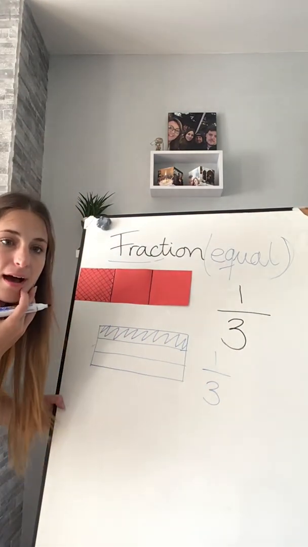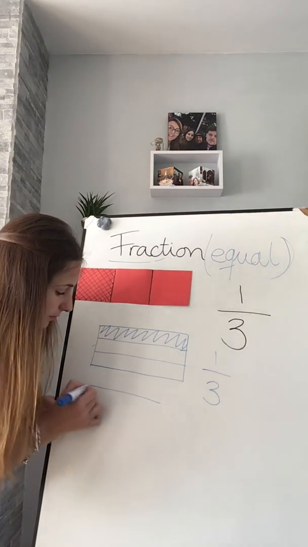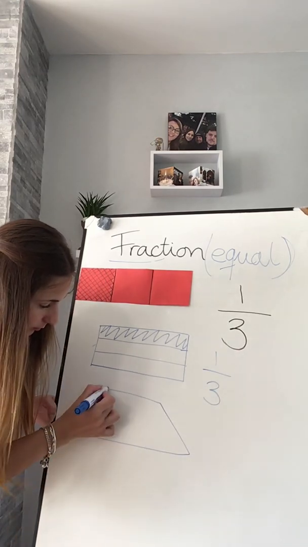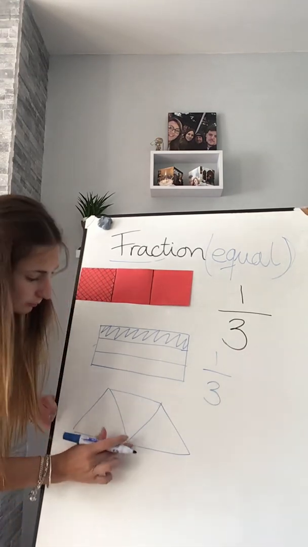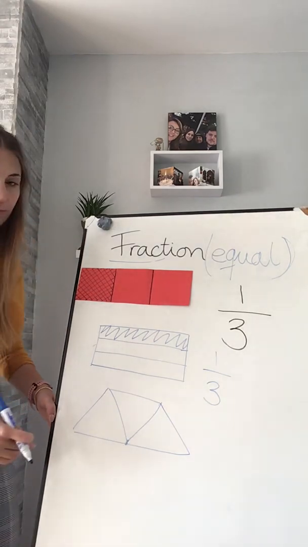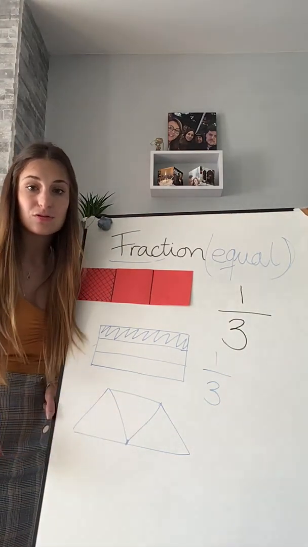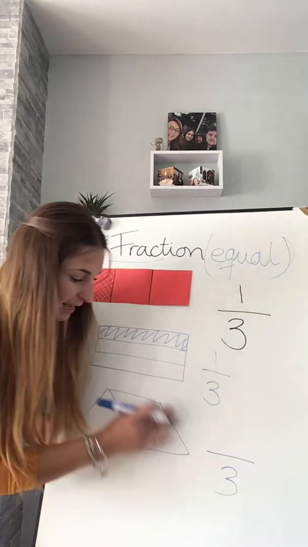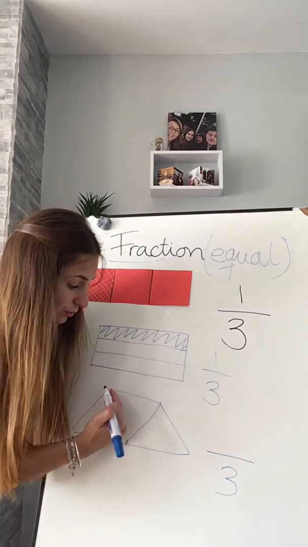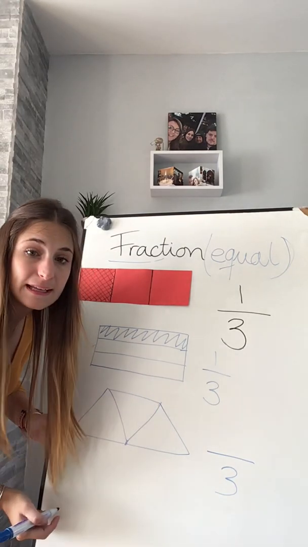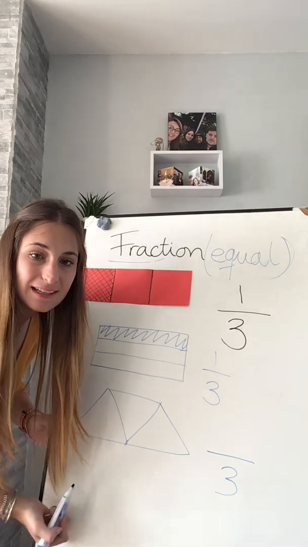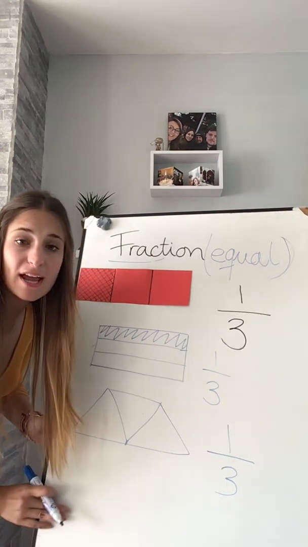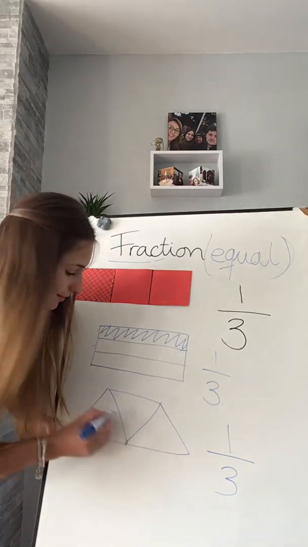What about if you have something like this? You have 3 equal triangles. I try to make them equal. So the shape is being broken into 3 equal parts, 1, 2, and 3. And I need to take 1/3. So I need to shade how many? 1.